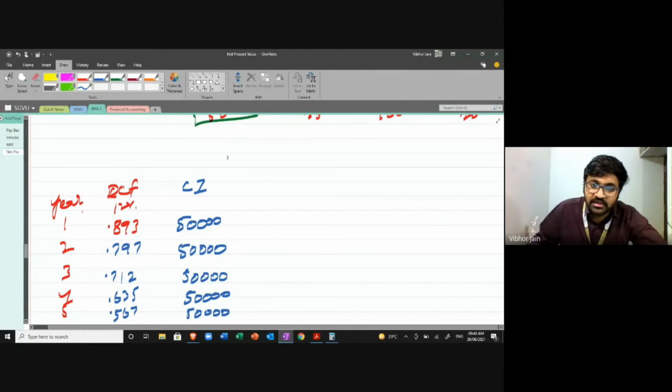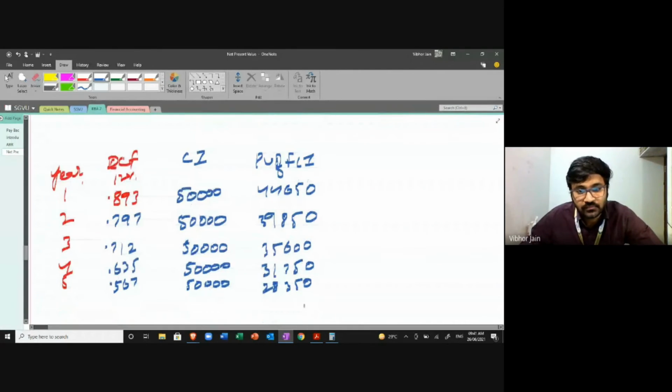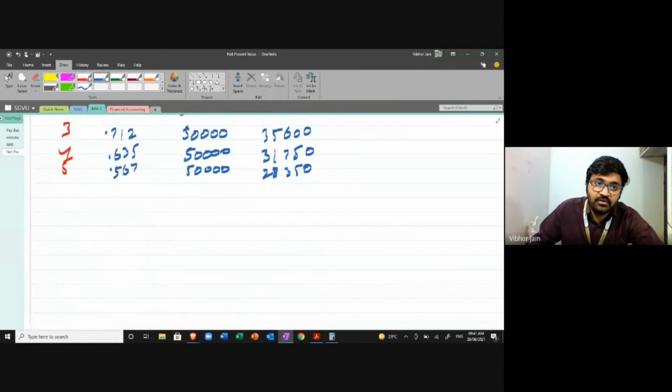So you have to multiply all this and calculate the present value of future cash inflows. 50,000 into 0.893 is 44,650. 50,000 into 0.797 is 39,850. 50,000 into 0.712 equals 35,600. 50,000 into 0.635 equals 31,750. 50,000 into 0.567 equals 28,350. Okay. And what is my PV of cash outflow?